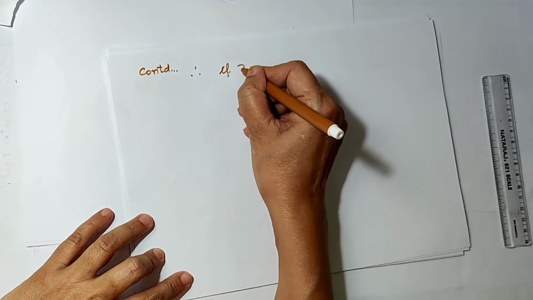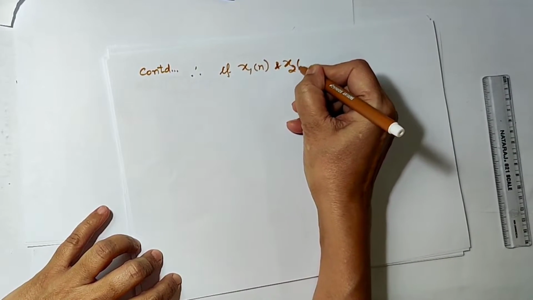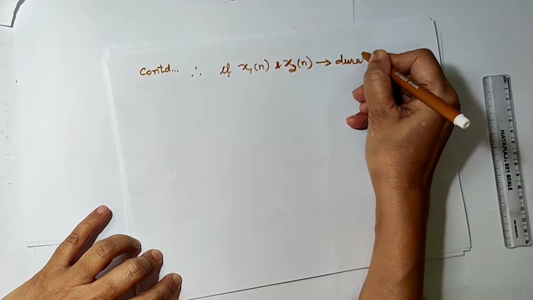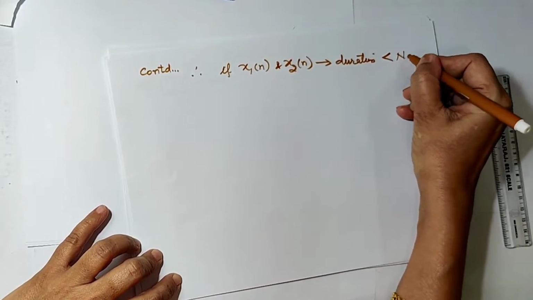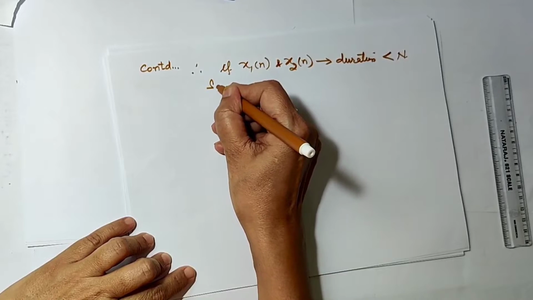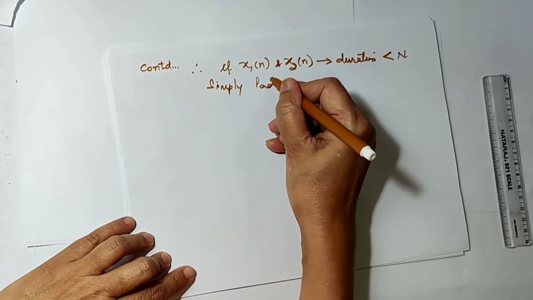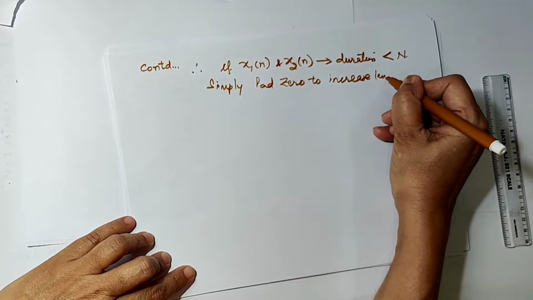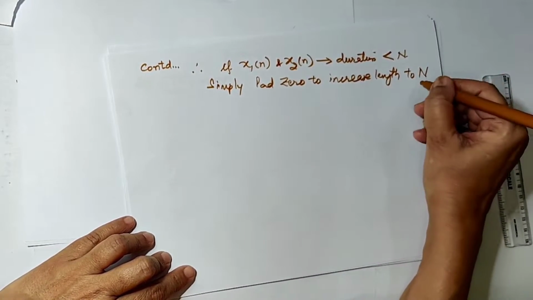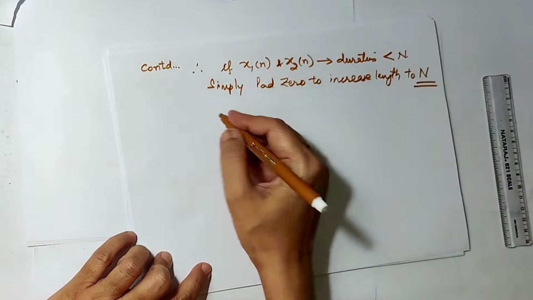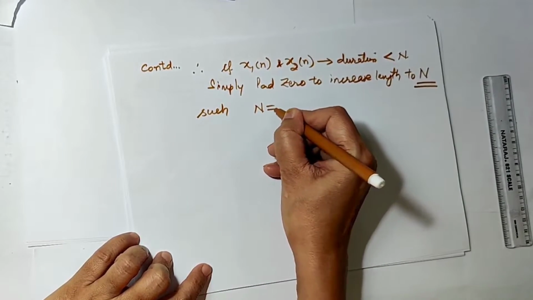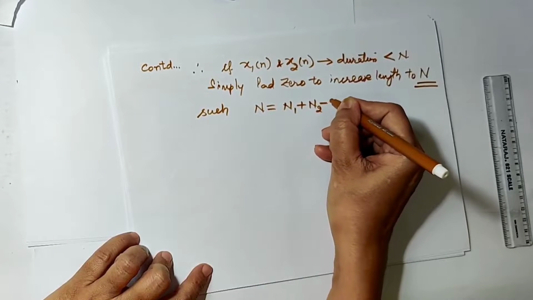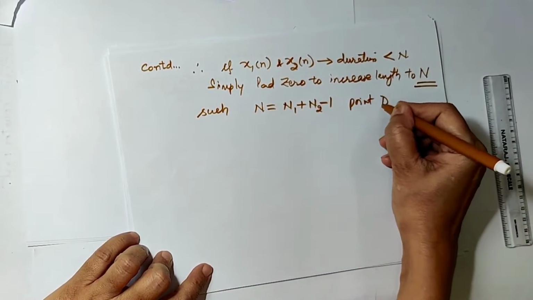Therefore x1(n) and x2(n) both have duration less than N. So simply pad 0 to increase the length to N. This is the requirement, in such a way that N should be an N1 plus N2 minus 1 point DFT, which can be manageable for avoiding the aliasing problem, and overlapping will be manageable.